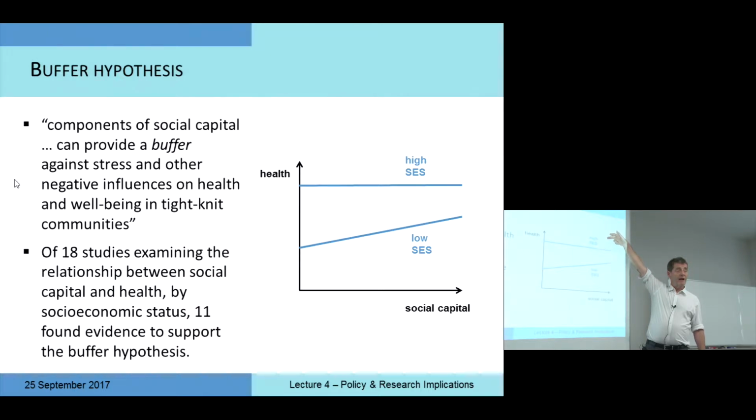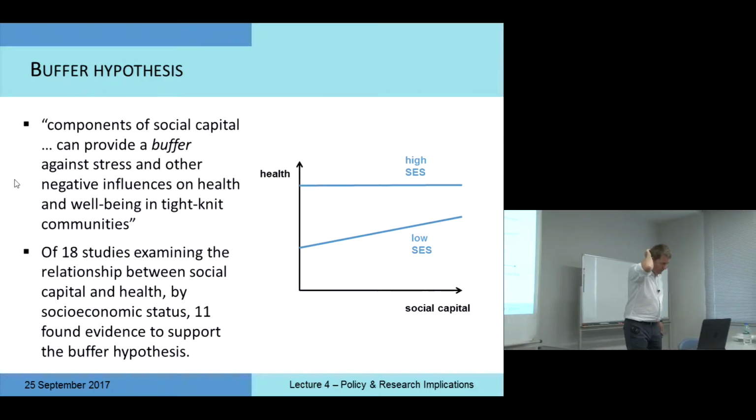So if you are an advantaged, socioeconomic advantaged individual, the relationship between social capital and health may be virtually non-existent. On the other hand, if you belong to a lower socioeconomic status group, it may well be that there's a positive relationship between health and social capital. Because this group benefit from the buffer effect of social capital, the protection that social capital offers. The high socioeconomic group don't need it, don't need the buffer.